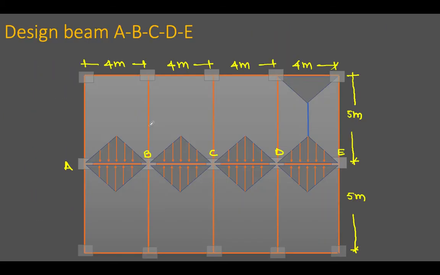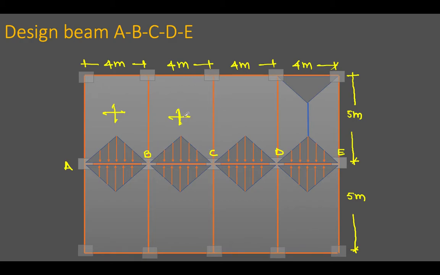Now why do we have to identify whether it is a two-way slab or one-way slab? Because we are knowing, based on the type of slab, we have identified each slab is a two-way slab, which means the main reinforcement is provided along both directions. What is the purpose of identifying this type of slab? It indicates whatever is the total load of the slab, it is distributed over all four beams over here.